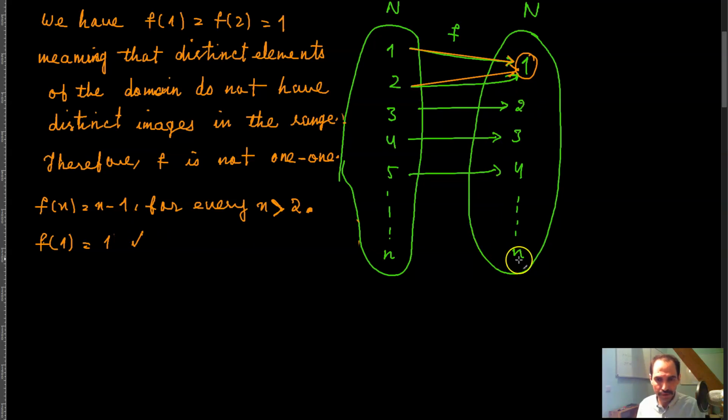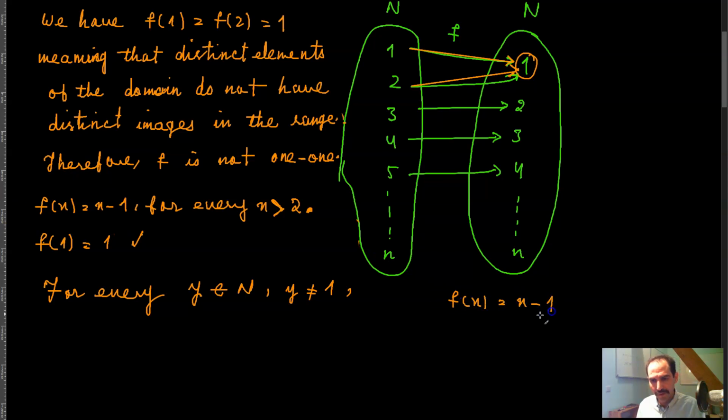About all the numbers in the range of the function not equal to 1, we can say that for every y belonging to n and y not equal to 1, we have f of x is equal to x minus 1.